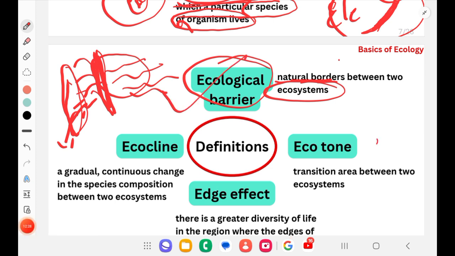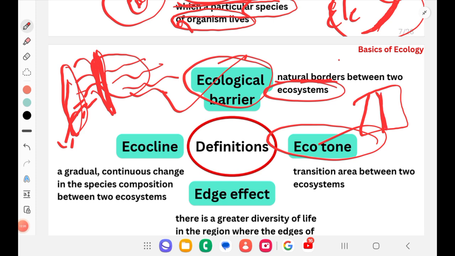Then we have the term called ecotone. I already mentioned ecological barrier, that is a boundary between two different ecosystems, maybe forest ecosystem and grassland ecosystem. That barrier is called an ecological barrier. Okay, the transition zone is there, right? From forest to grassland, you have a transition zone.